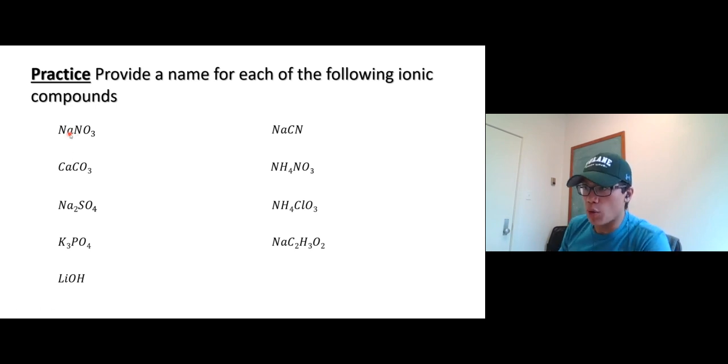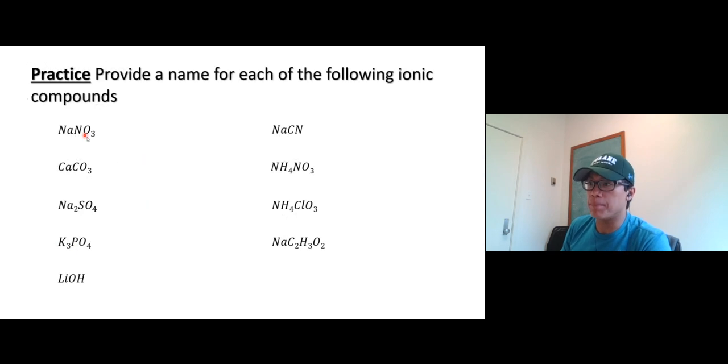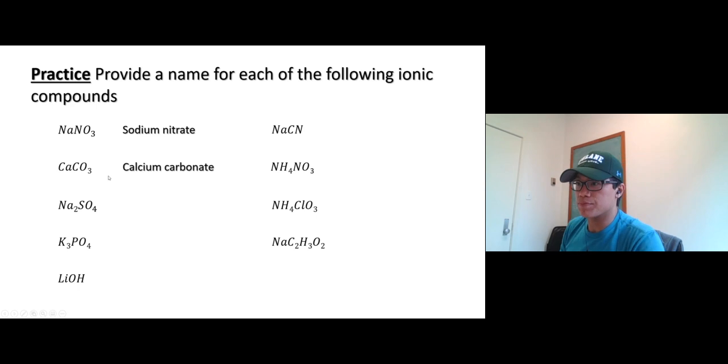All right, so we have sodium and nitrogen as an oxyanion. So go back right here. This is an oxyanion. Nitrogen we call nitrate. Carbon we call carbonate. Sulfur, sulfate. Chlorine, chlorate. Phosphorus, phosphate. So we get sodium nitrate right here. We have calcium carbonate, or limestone.